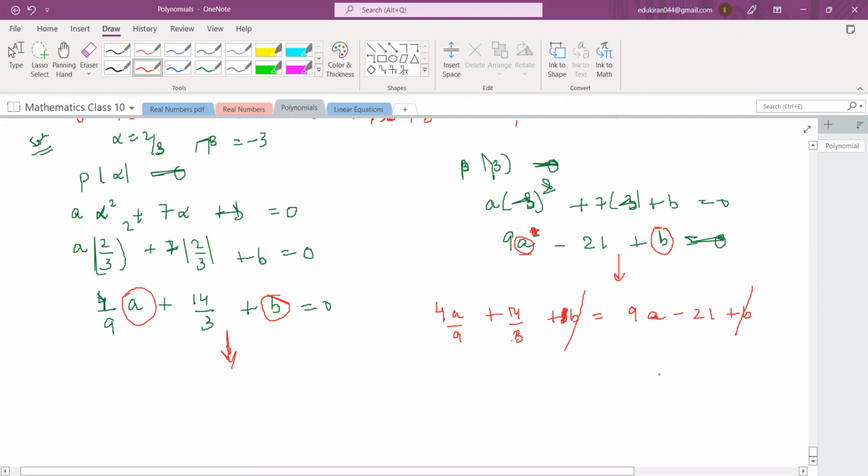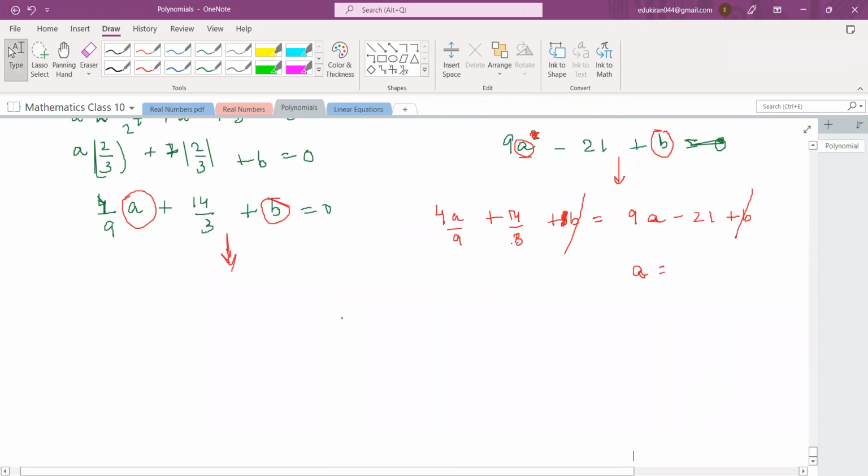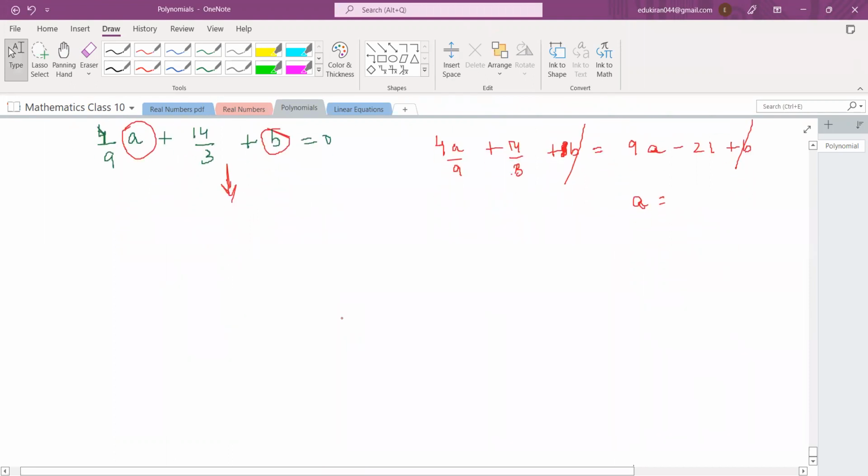After getting the value of a, you substitute that in any of the equations, and you will get the value of b. So I'm leaving that part for you. Anyway, when you have two variables, you have to make use of other methods to solve it. Okay, good, Shreyarsha. You can solve it like this also.